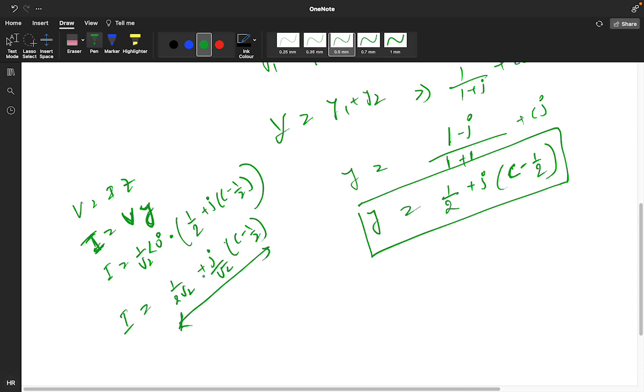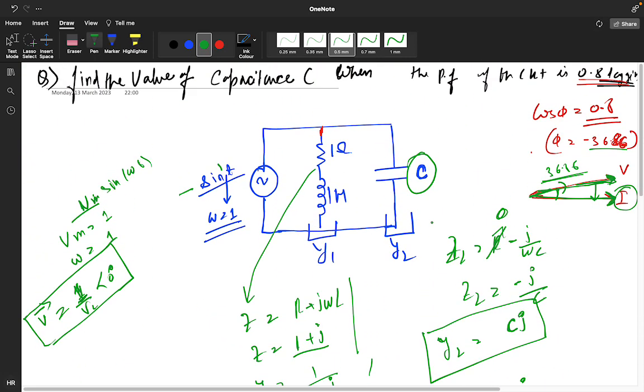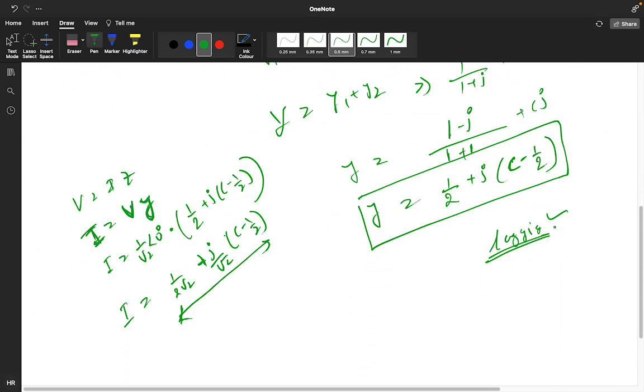Okay. Now see what I told you. This is a lagging load, because your current will lag. According to the question, current will lag. So lagging means this value should be negative. So that means C is less than 1 by 2. That's why the minus will come.